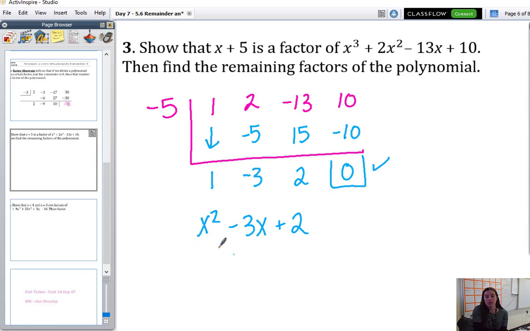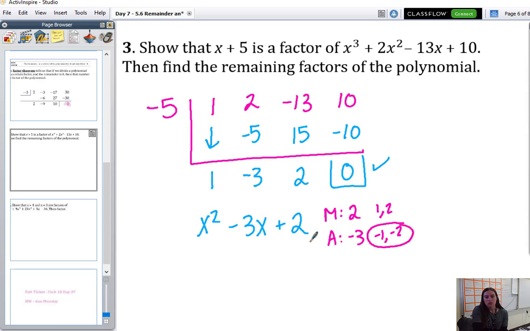Now I'm going to factor this trinomial and figure out the rest of my factors, because I already know about x plus 5. I need to see what else I've got. So in a trinomial, there's just a 1 in front of my x squared, so I can do my multiply-add method. I want to multiply to that last number of 2, add up to my middle number of negative 3. So thinking about your factors of 2 that add up to negative 3, you could either do 1 and 2 or negative 1 and negative 2.